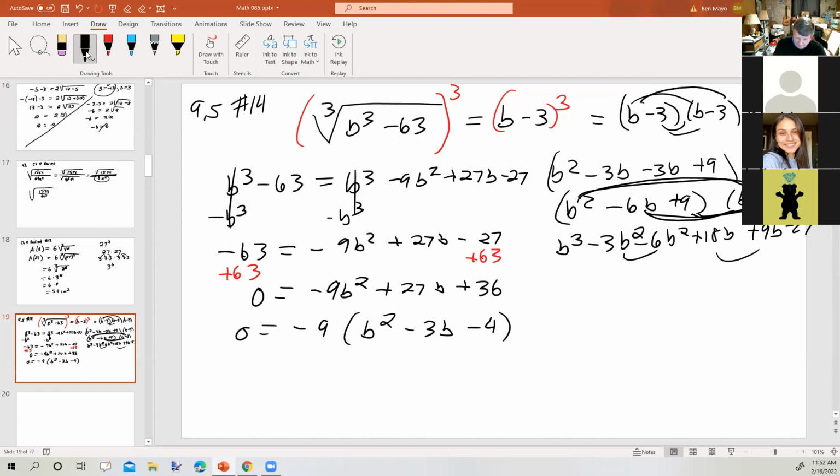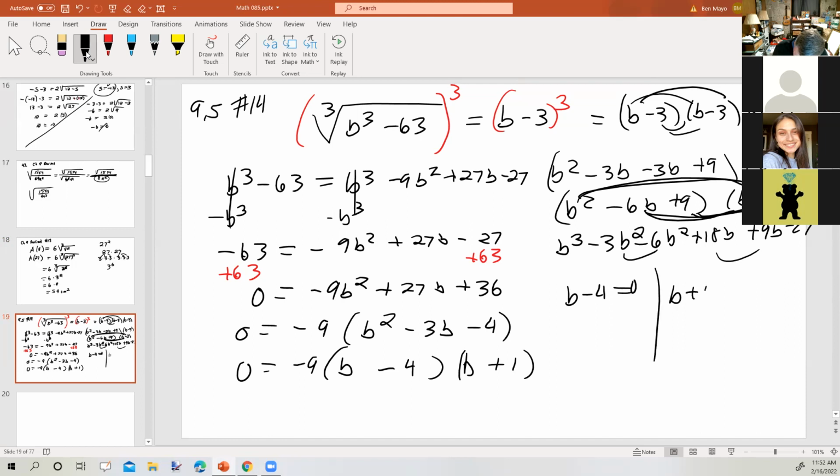So 0 equals negative 9 times b minus 4 times b plus 1. So b minus 4 equals 0, b plus 1 equals 0. Add 4 to both sides, b equals 4, subtract 1 from both sides, b equals negative 1.